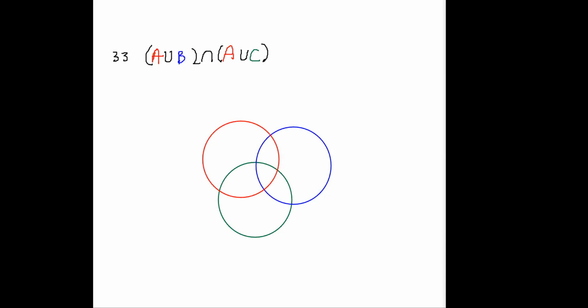So if you were to shade the union of A and B in purple, because A is red and B is blue, with purple diagonal lines, because it's the union, it would be all of both those two circles, not just the intersection. It would be all of them, yeah. You're right.